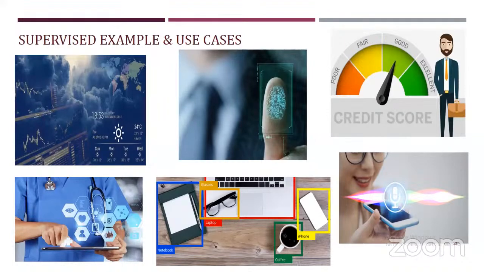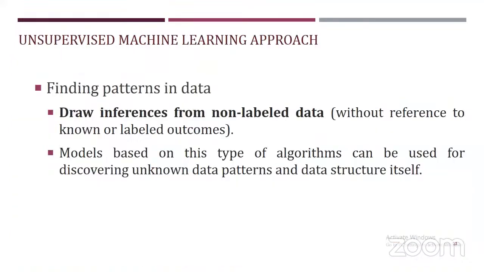Coming to unsupervised learning. In the case of unsupervised learning, we are not using the class label information. We are just using the information which is present in your data, ignoring the class label information. We are not using class labels in order to prepare the model.